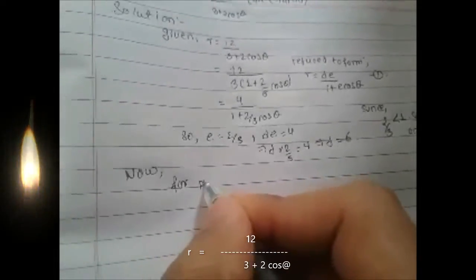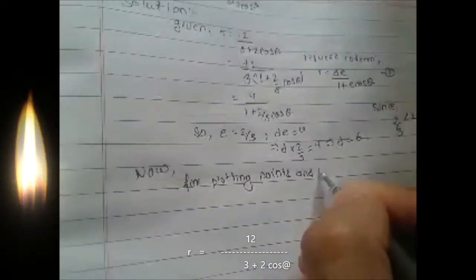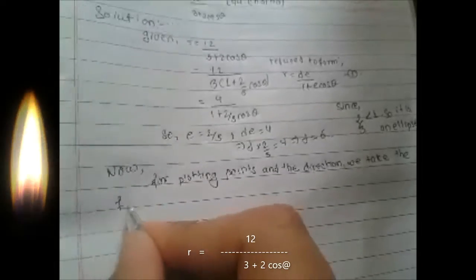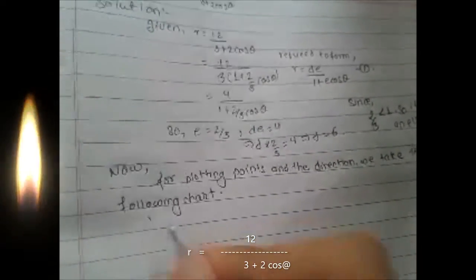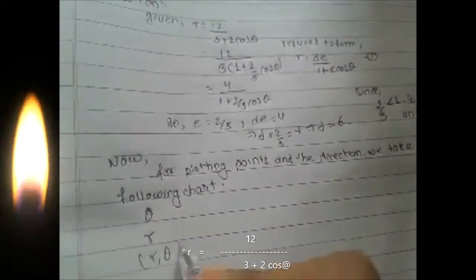For plotting the points and the directions, we take the following chart. We make theta and r comma theta.